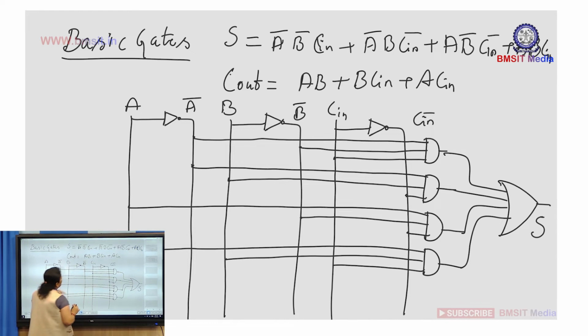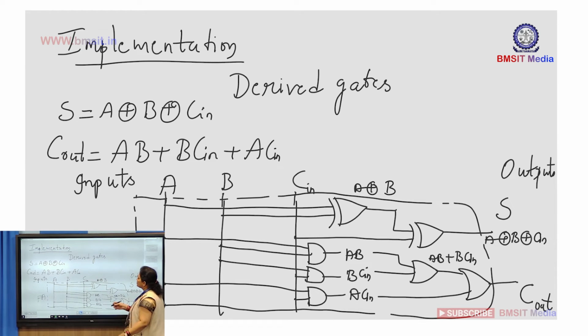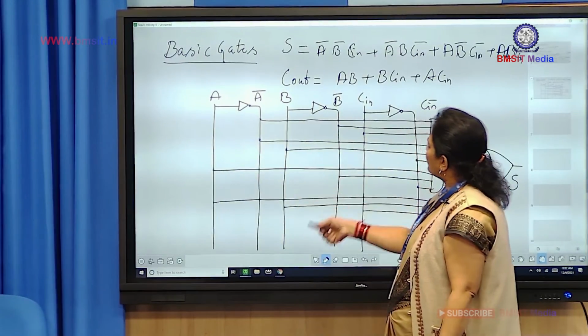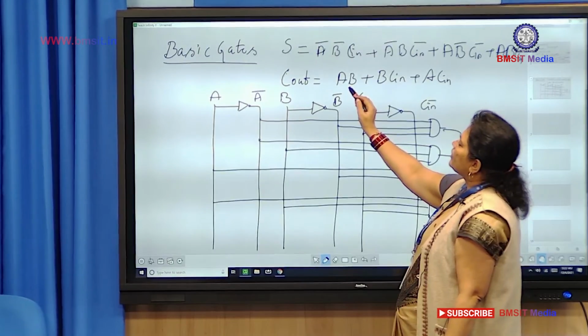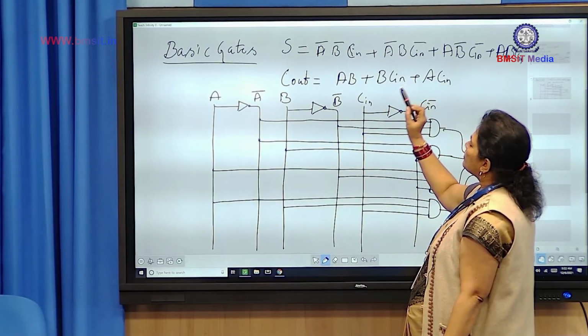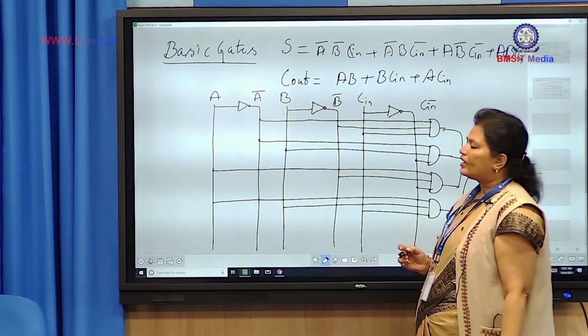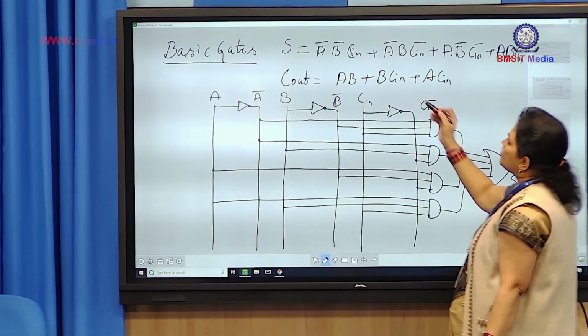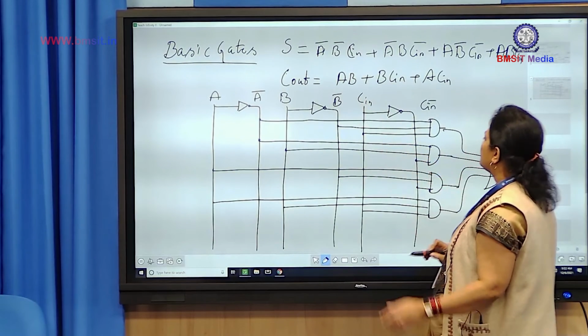Now the carry implementation is same as the above implementation what I showed for derived gates. So there is nothing change here. So you can just take A, B, C in. You can combine A, B, give A, B to an AND gate, B, C in to an AND gate, A, C in to an AND gate, and give all the outputs of AND gate to OR gate to get the C out.